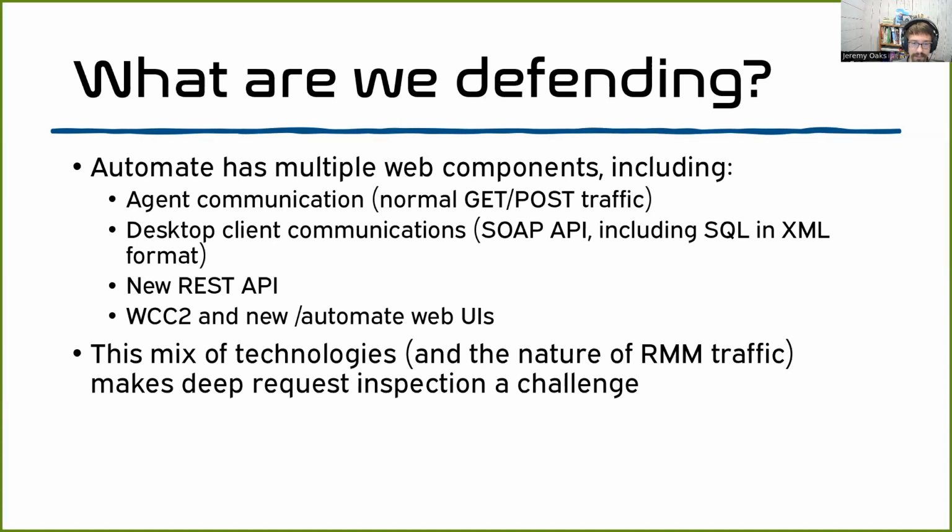And unfortunately, there aren't any native defenses out of the box. We'll talk about that a little bit in a moment. The other thing to note is that RMM traffic contains a lot of things that a WAF would block by default, like command line scripting. So with that, let's take a look at a default IIS server.